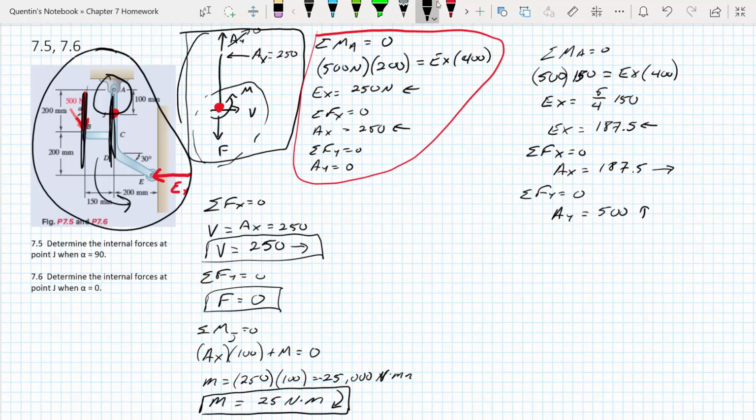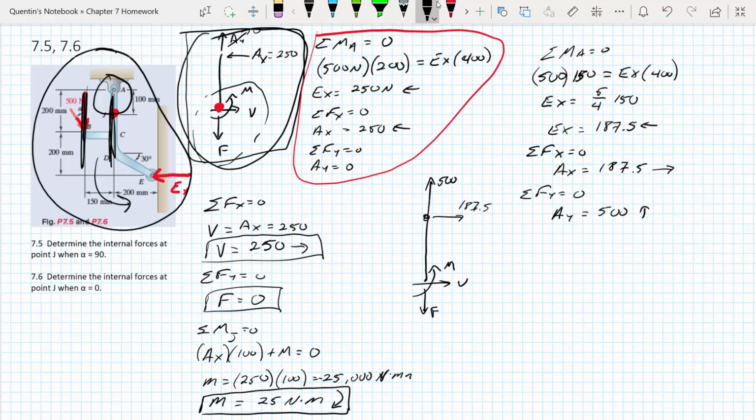Because we're going to go back over here to this one that we're dealing with. I'm going to redraw it just because I made a mess out of it. I have here 500 going up, 187.5 going that way. I'm cutting off here, so I have my V, my F, and my M.